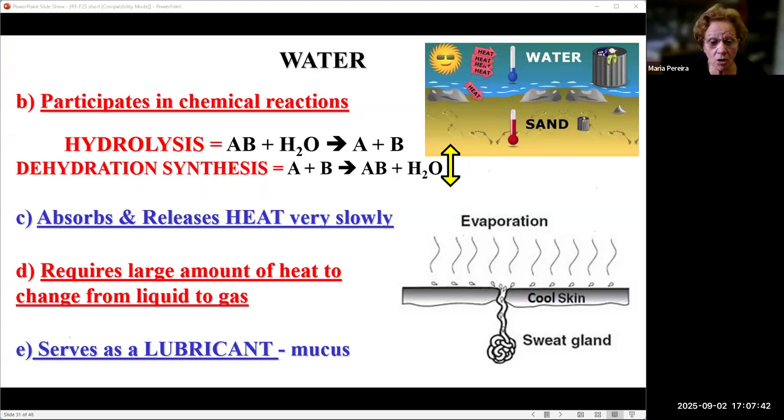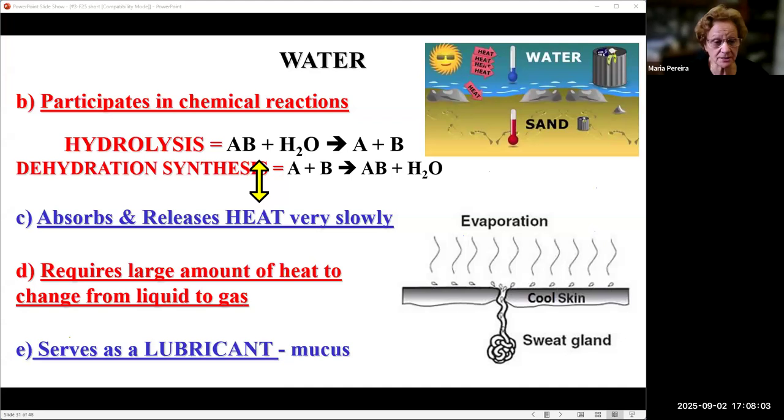So a molecule of water is removed from these 2 components. Let's say these are 2 amino acids forming a peptide bond, so water is released. So you have hydrolysis, which is the breaking apart of a molecule, and you need water for that to occur.